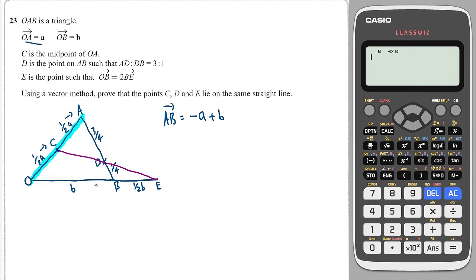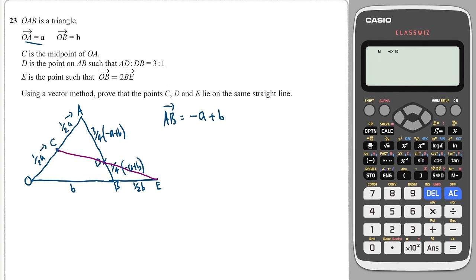Okay, great. Let's see if I can get rid of that highlighting. Okay, so now everything's labelled. This is minus A plus B, and this is 1/4 of minus A plus B. And in order for me to show that 3 points are on a straight line, I have to show that all 3 points are moving in the same direction.